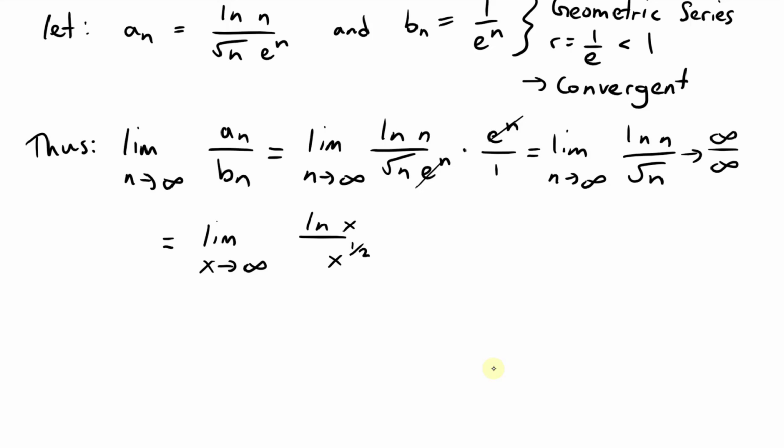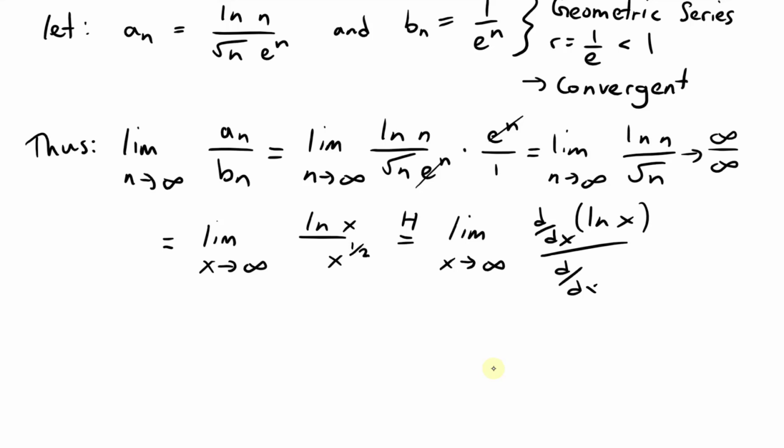Now I'll put the same notation as above, equals with an H for L'Hopital's rule, and then this is the limit as x approaches infinity of d/dx of ln x over d/dx of x^(1/2), like that.